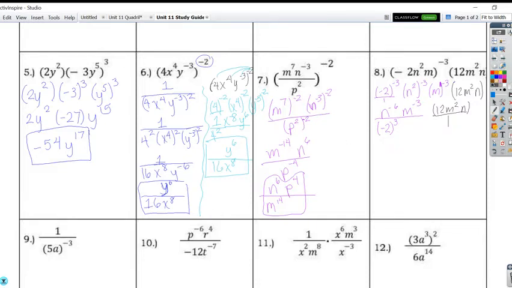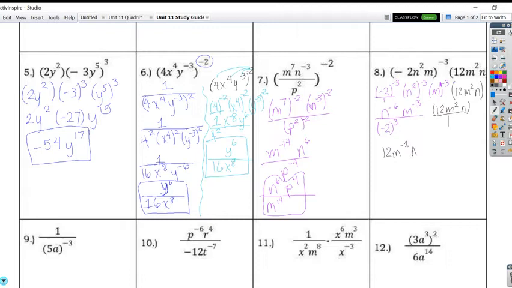I'm going to go ahead and do some multiplication with this, right? Across my numerator, we're multiplying 12 times, I don't have any other coefficients, so we'll make that a 12. Then m to the negative 3 times m to the 2 makes it an m to the negative 1 because we added the exponents.